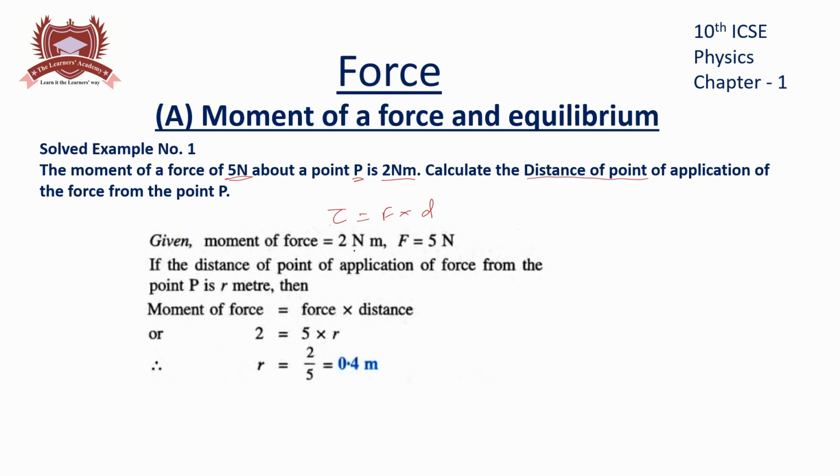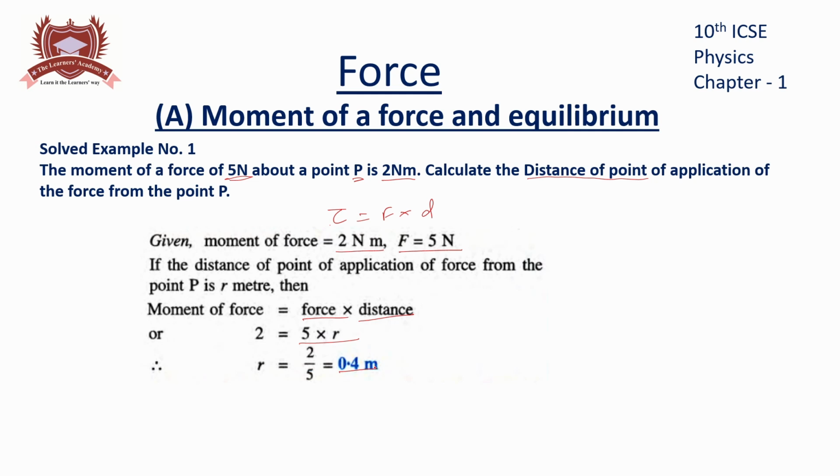Here the moment of force is 2 Newton meters and the force is 5 newtons. The formula is moment of force is equal to force multiplied by distance. So we can have it as 2 is equal to 5 times r, or r would be 2 upon 5. That would be 0.4 meters. So this would be our final answer.